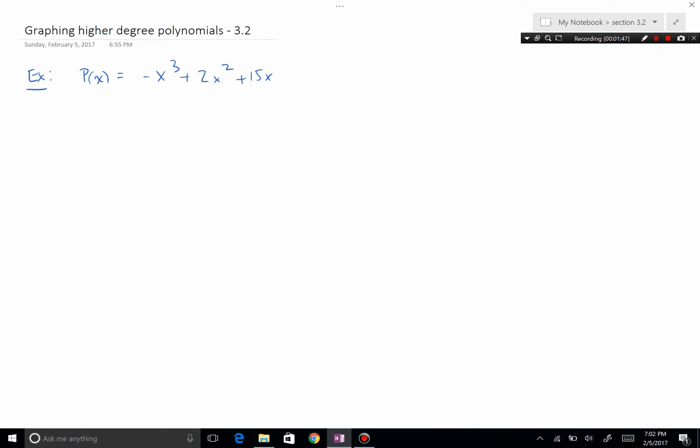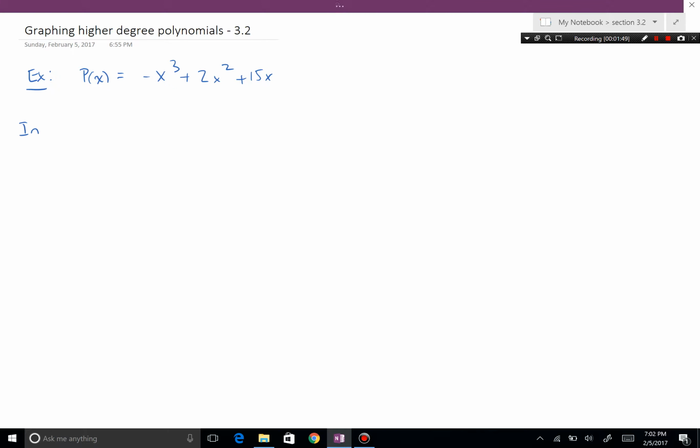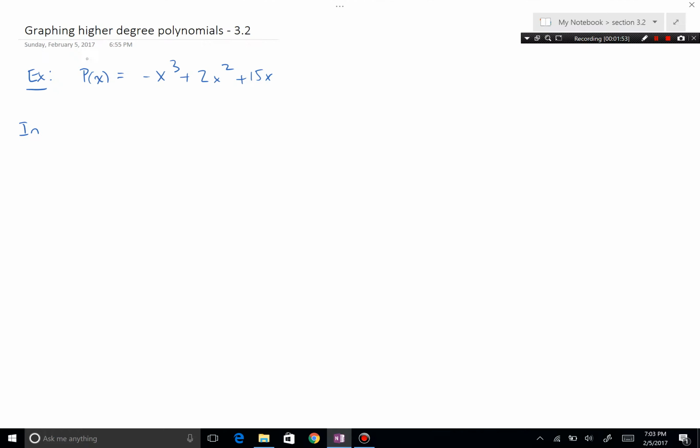So in order to graph this polynomial, I'm just going to jump right into it because I think you can definitely handle this. We only need to find two things.